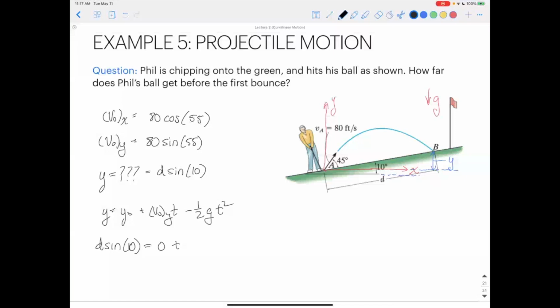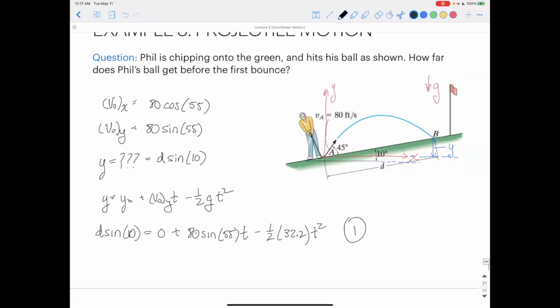Our v0y is 80 sine 55 times t, minus 1/2 acceleration due to gravity, in feet per second squared, is 32.2, times t squared. So this is one equation. We still have two unknowns, d and t.